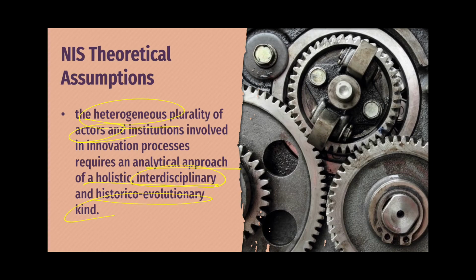So when we look at innovations happening from a national context, for example, in the Philippines, we have to look at it from a historical perspective. We have to see it from different disciplines, and we have to see them as a whole, as specific parts of an innovation working as a whole.